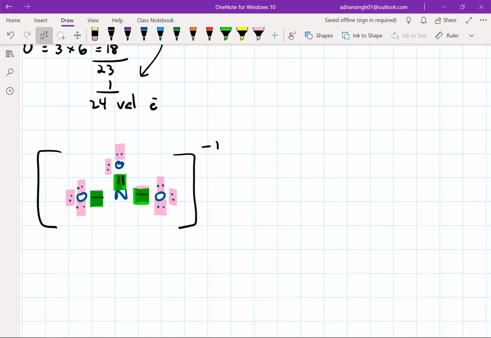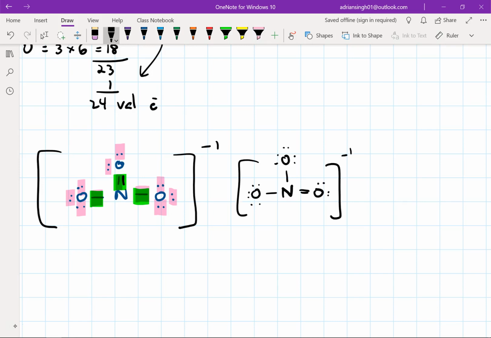I could have just as easily moved this lone pair to make a double bond over here. I could have moved that lone pair to make a double bond there. And if I did, then I would end up with my other two resonance structures. So I could end up with a double bond on the right side, with the -1 charge, and I could also end up with a double bond on the left side.